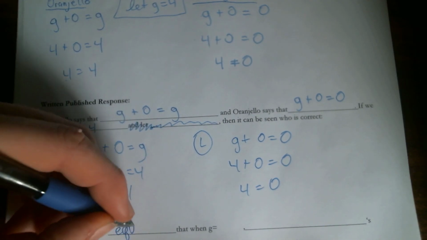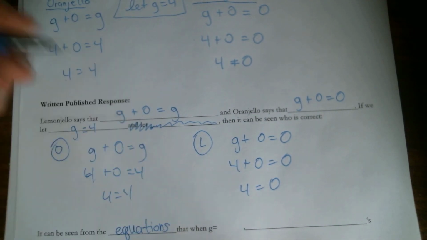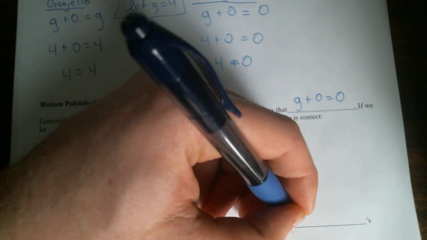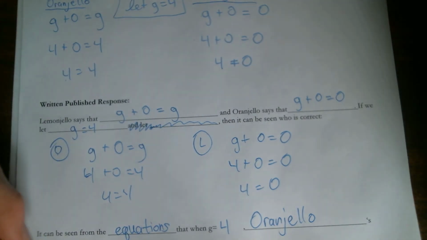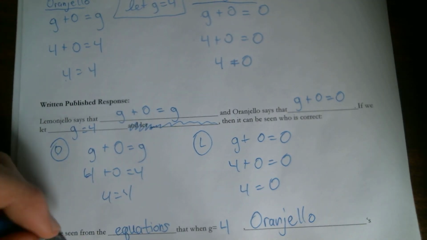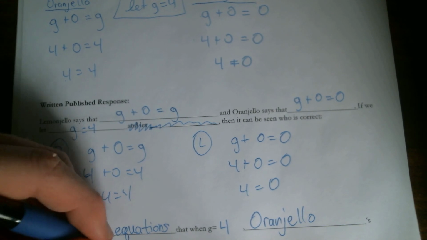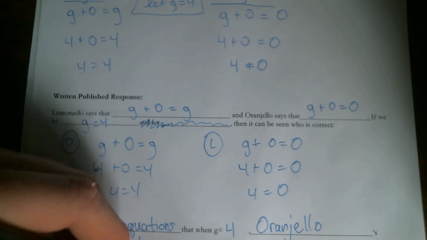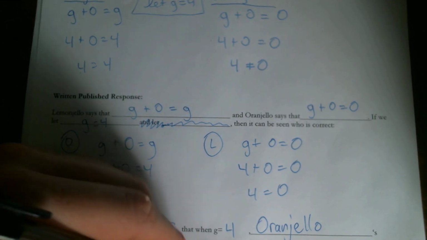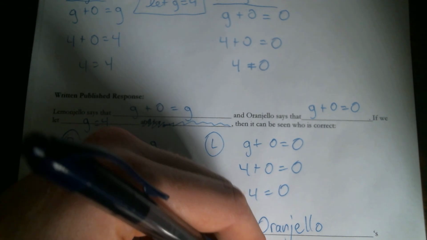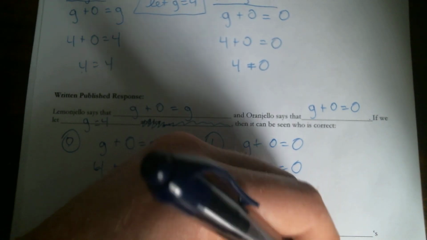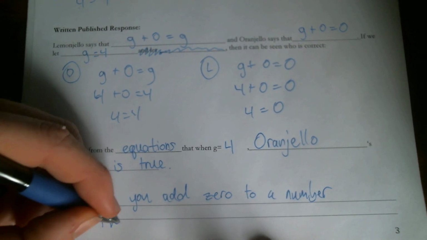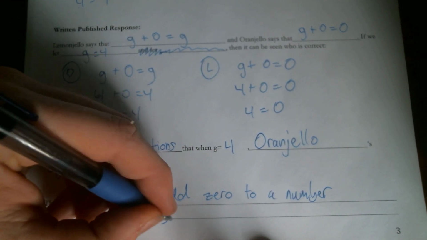It can be seen from the equations that when G is 4, Orangelo's equation or statement is true. Therefore, when you add 0 to a number, what happens? The number stays the same.